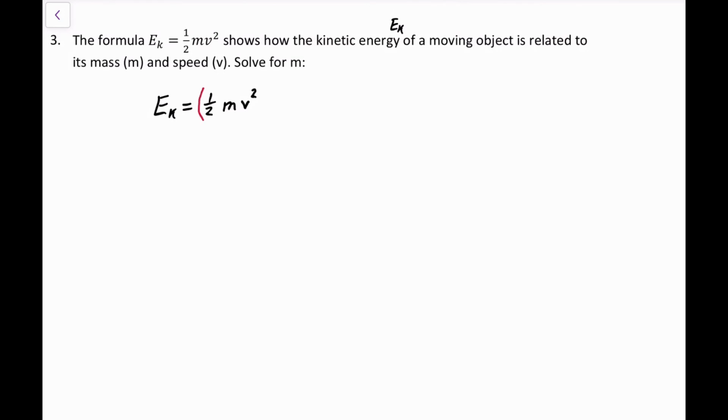So the opposite of dividing by 2 is multiplying by 2. So we're going to multiply by 2 on both sides. 2 times 1/2 over here on the right, that cancels out, that just equals 1. So we are left with 2 times the kinetic energy, Ek, is equal to mv squared.